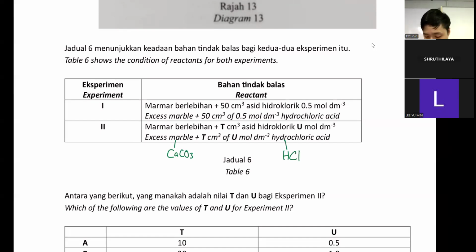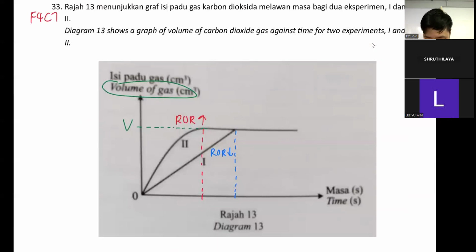Normally, if you see carbonate react with acid, you will get carbon dioxide. Normally you get volume of carbon dioxide. So in this case, V cm cube is equal.